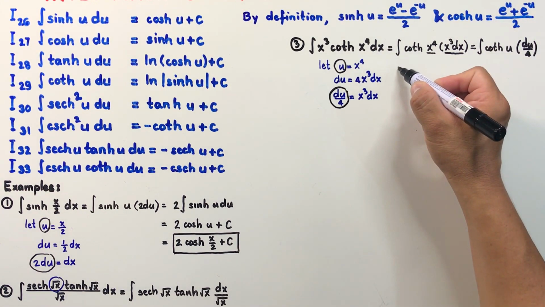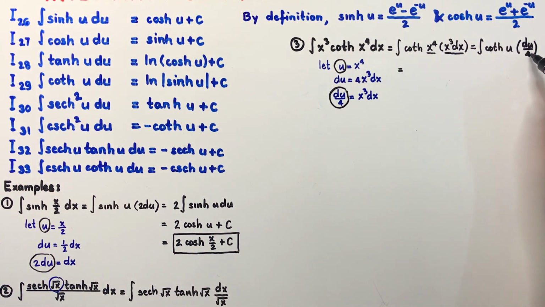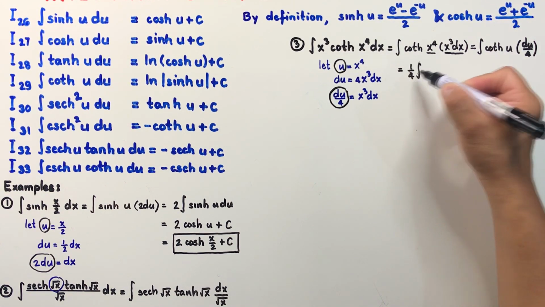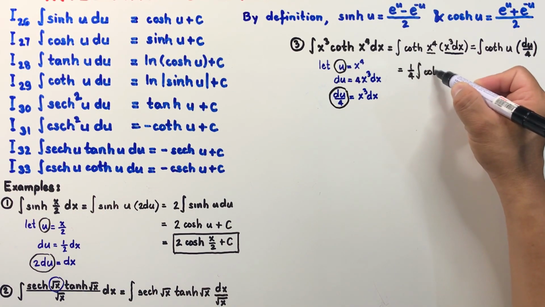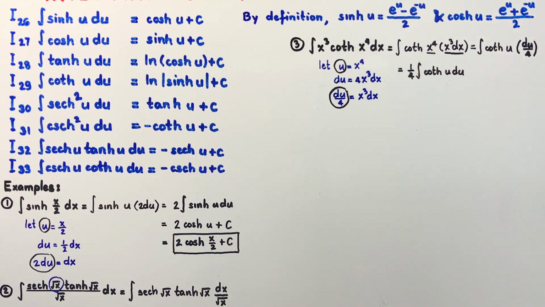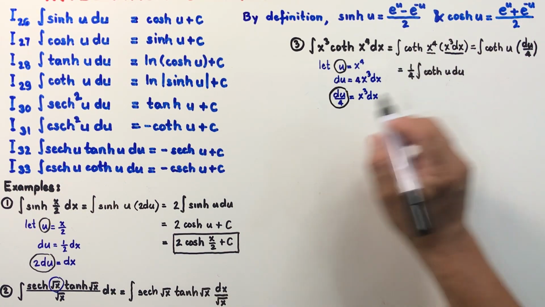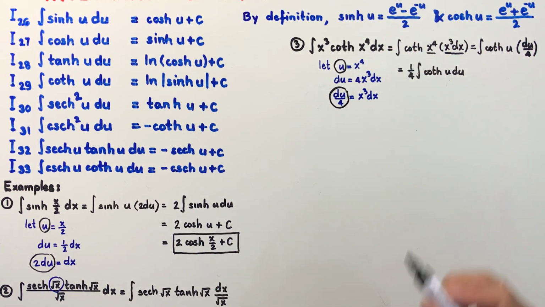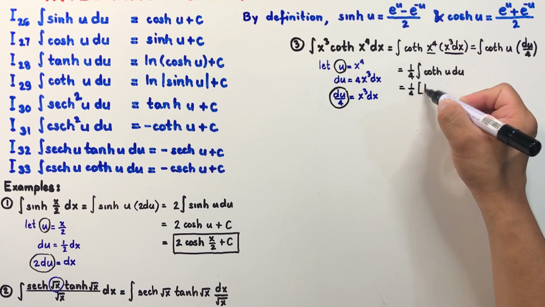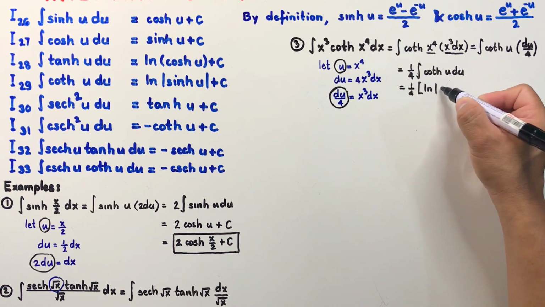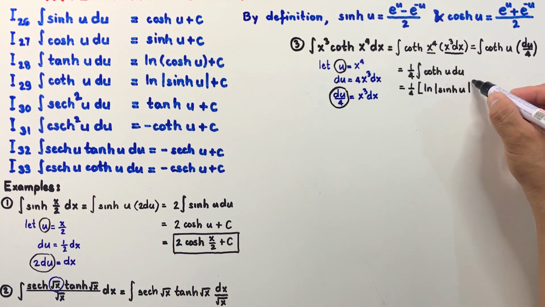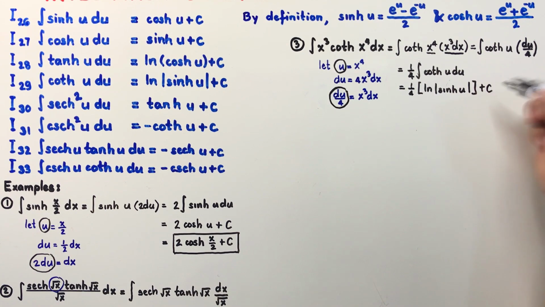And factoring the constant outside of the integral, we have 1/4 times the integral of the hyperbolic cotangent of u du there. So at this time, we can apply formula number 29, that is equal to the natural log of the absolute value of the hyperbolic sine of u plus the constant of integration c.